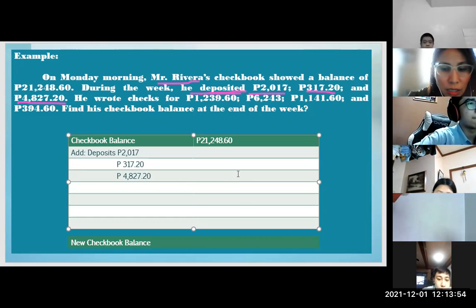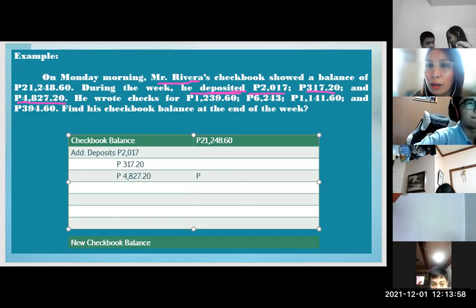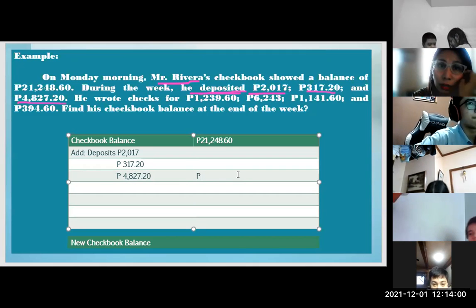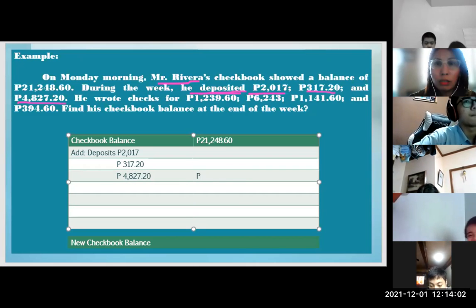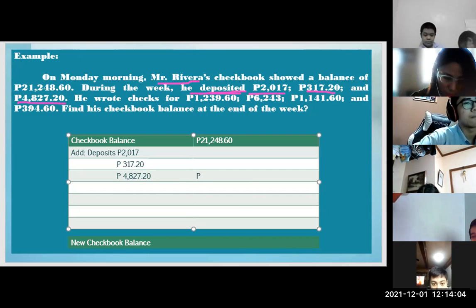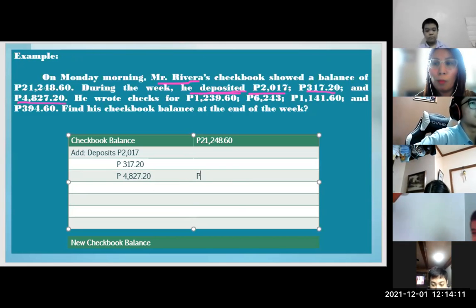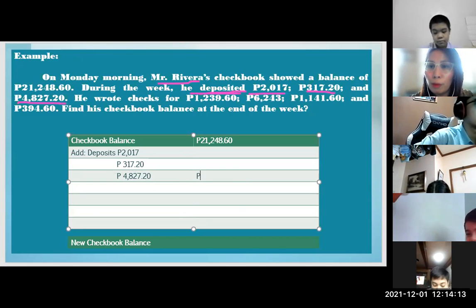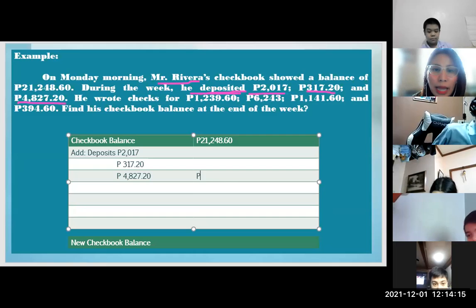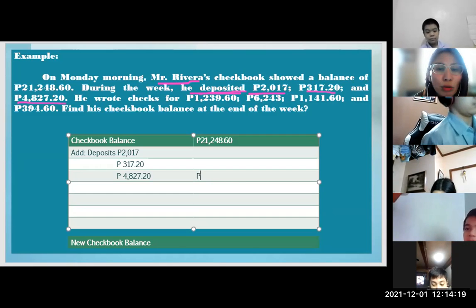How much is the total deposit of Mr. Rivera? Kirsten, how much is the total deposit? So, you just have to add all the deposited amounts.